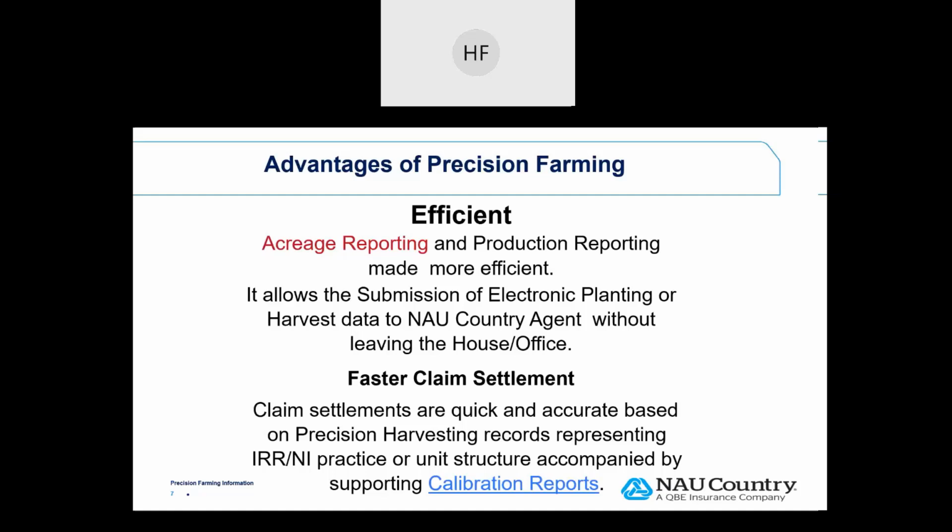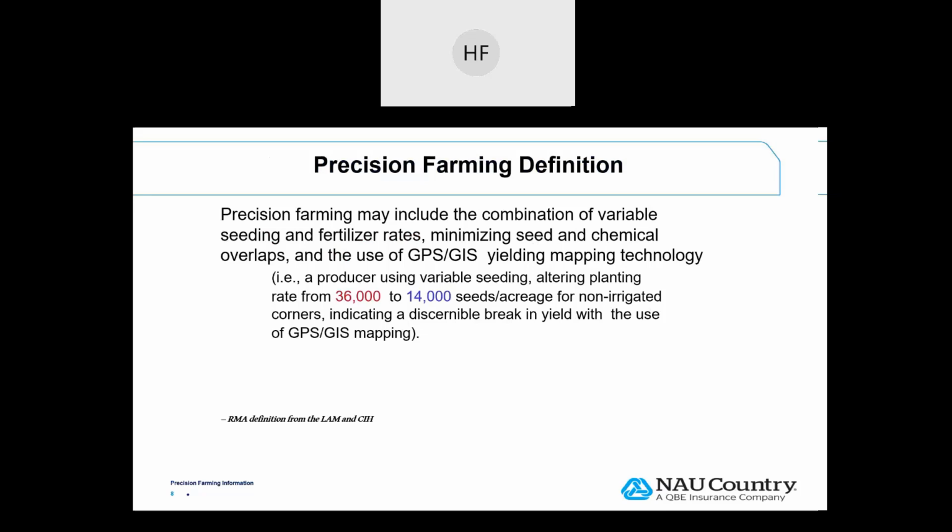So when I look at a map that comes from precision farming and I get it into the system, we're looking at plant populations that vary between different parts of the field or different areas that may constitute a unit structure. If I plant a rate from 36,000 and drop to 14,000 seed in the non-irrigated corners, that indicates that we have a non-irrigated corner on a pivot.